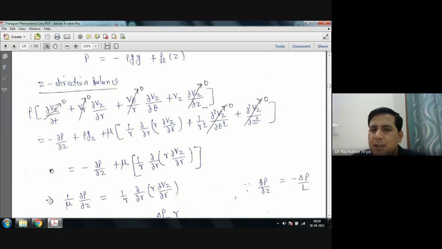Now here del V z upon del z you are putting equal to 0. One reason is that it came from the continuity equation which you did previously. Also you can say here the flow is fully developed. So that way also del V z upon del z will get cancelled.